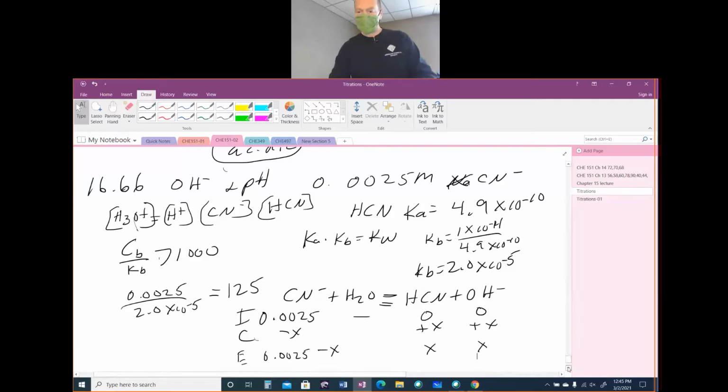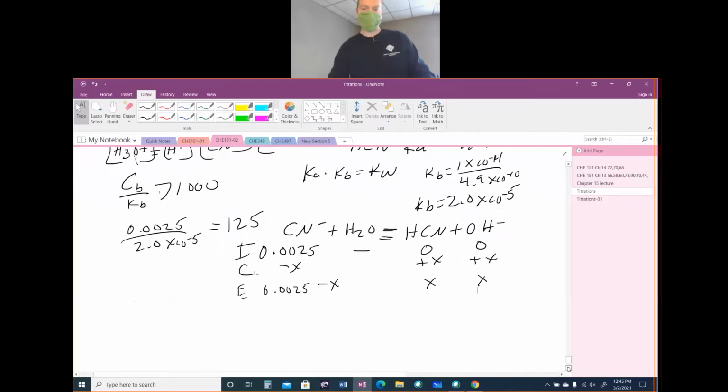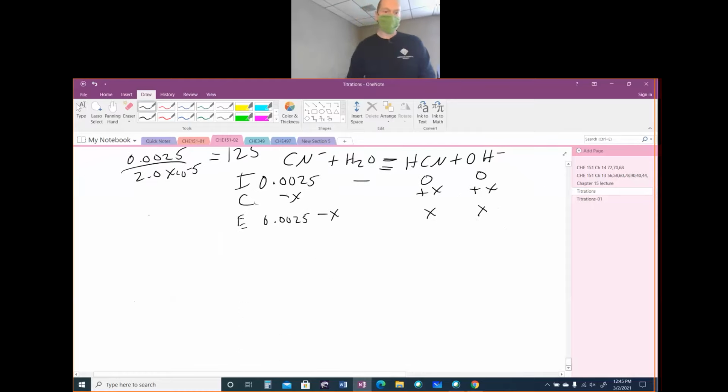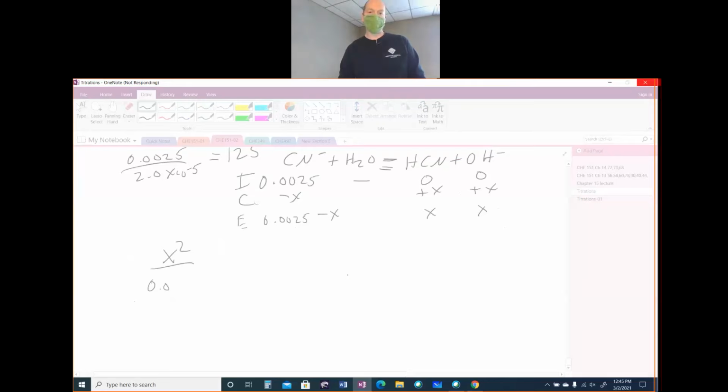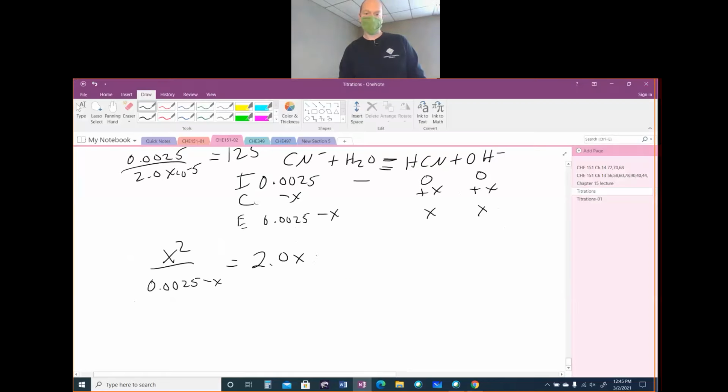And so when we plug it into the Kb, we've got x times x, which is x squared, divided by 0.0025 minus x is equal to the 2.0 times 10 to the minus 5. All right, and so again, we are going to get our x values.